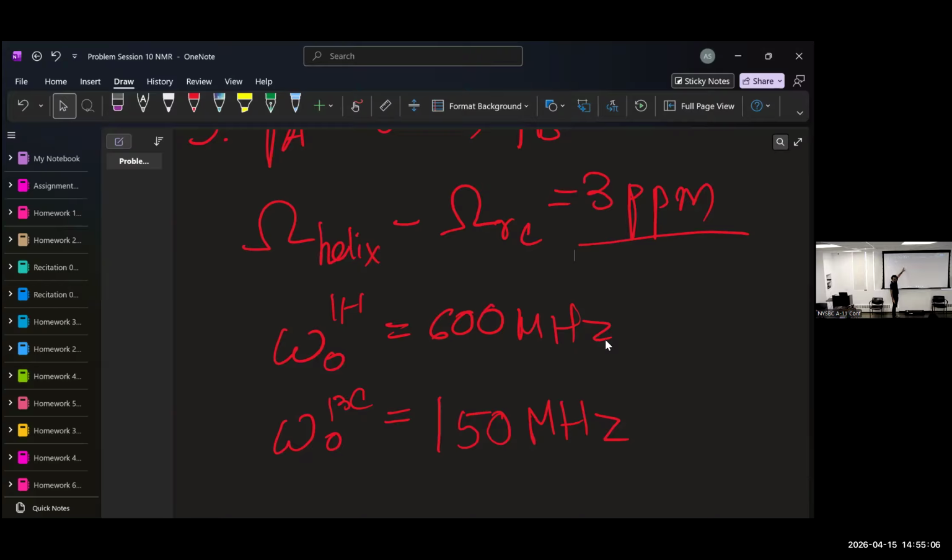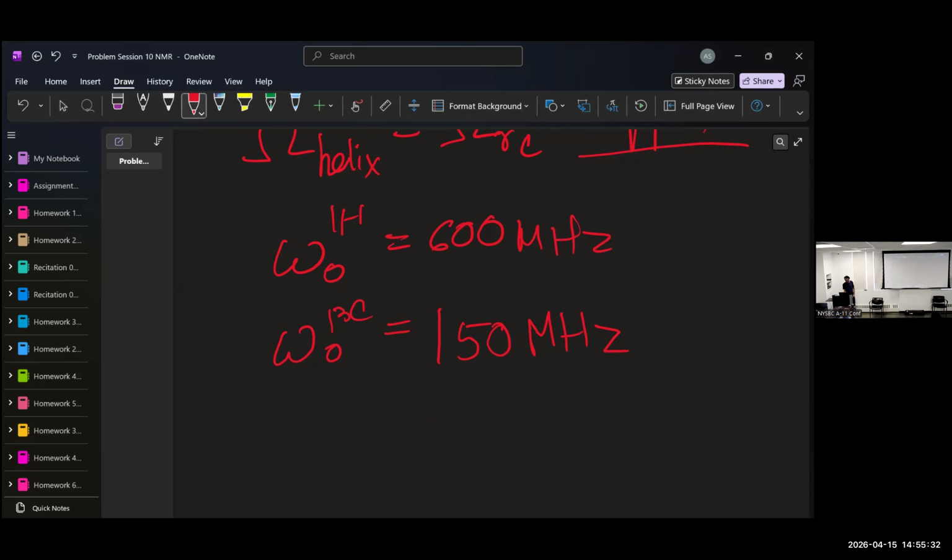When you want to convert a carbon chemical shift difference in ppm to hertz, you multiply by the carbon Larmor frequency: 3 times 10 to the negative 6 times 150 times 10 to the 6. That is 450 hertz. And we put in the 2 pi. That is 450 hertz.